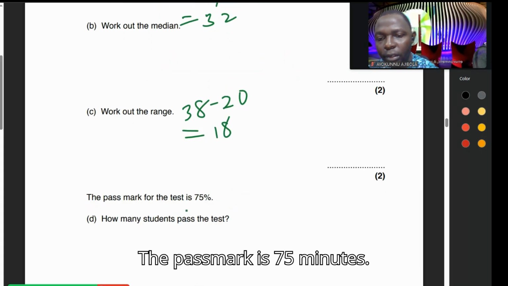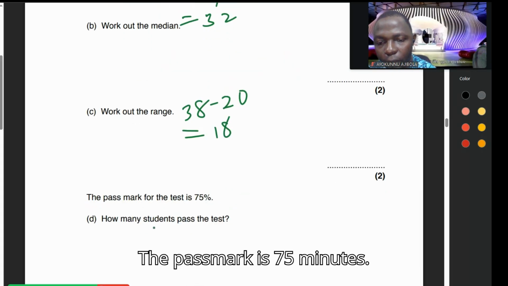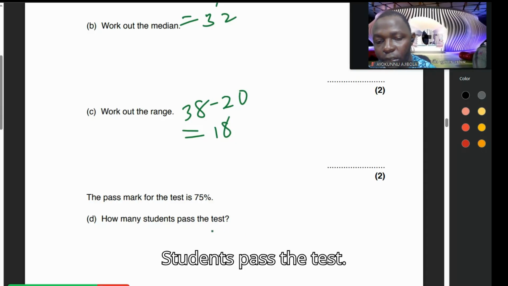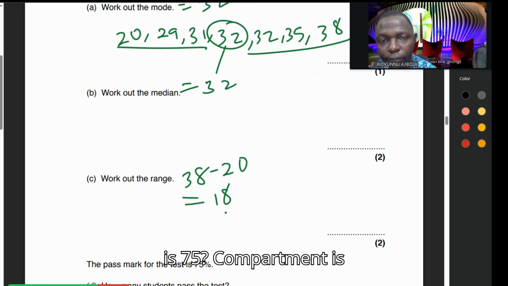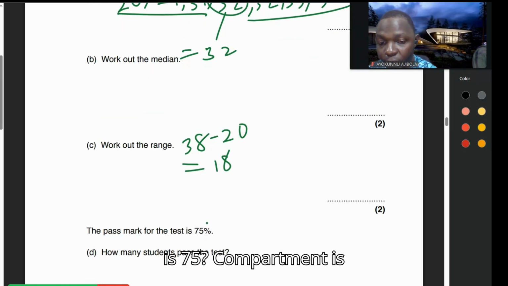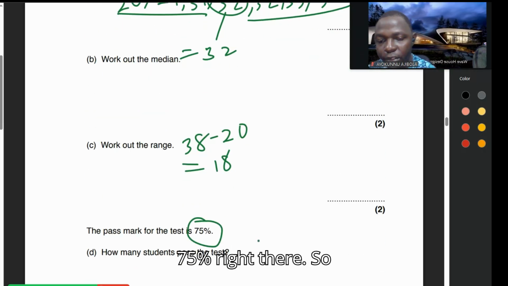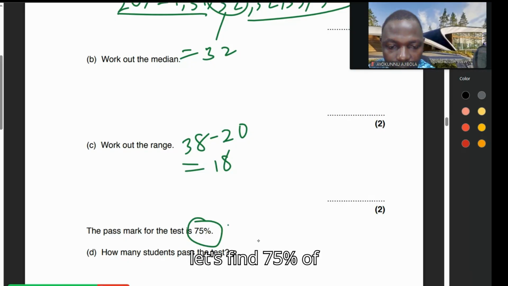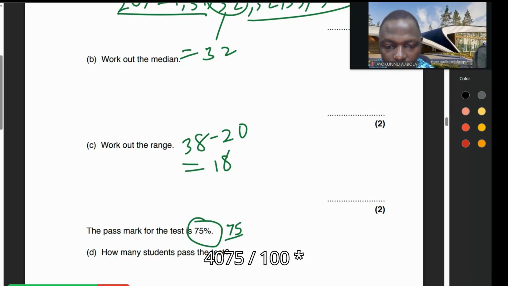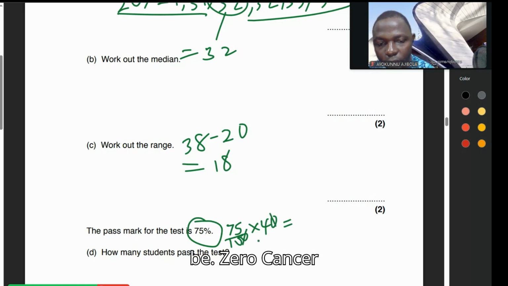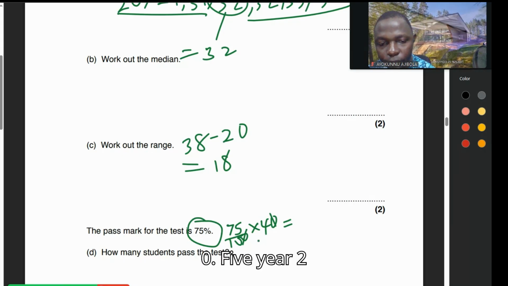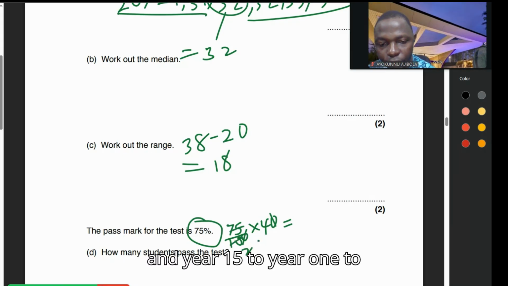The pass mark is 75%. How many students pass the test? So let's find 75% of 40. 75 over 100 times 40. The zeros cancel, 5 into 15, 2 into 1, 2 into 2.